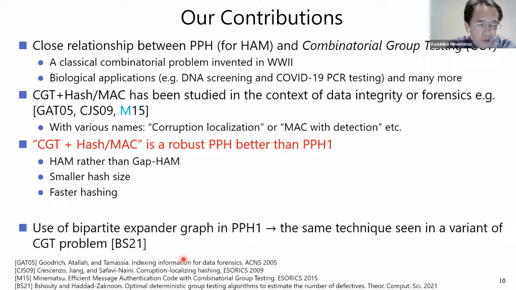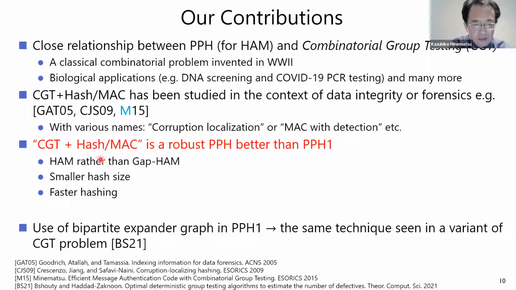In fact, CGT combined with a hash or a MAC function has been studied in the context of data integrity protection or forensic applications, in works with various names, say corruption localization or MAC with detection and so on.